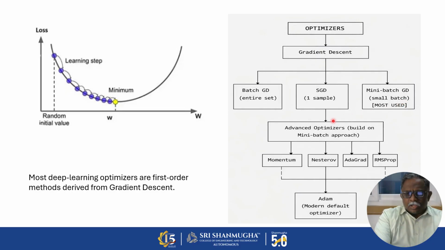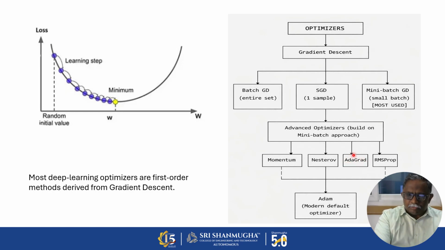The gradient descent approach can be enhanced with the help of momentum or adaptive methods. Momentum basically tries to keep the past data, and in adaptive methods the learning rate is updated automatically.